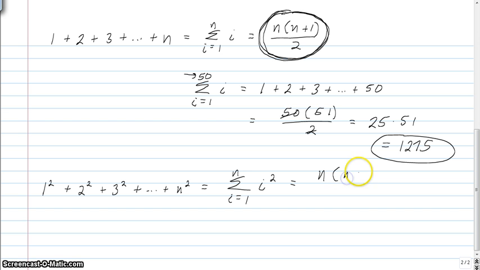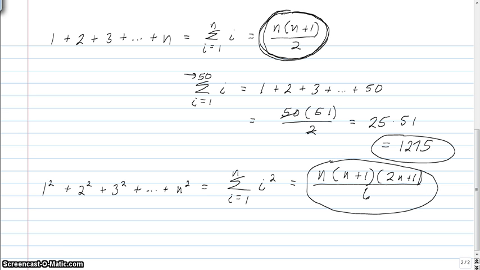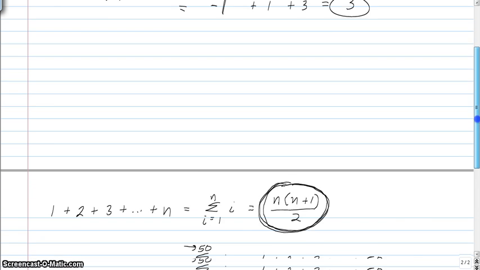Not quite as simple, but still simpler than adding up all those numbers. n times n plus 1 times 2n plus 1 over 6. So that's another commonly used and useful formula. Right, so those are some places where you see the sigma notation used. Maybe I'll look at one more example.